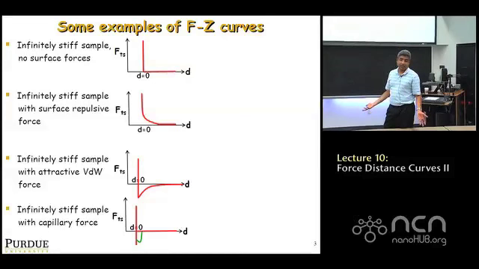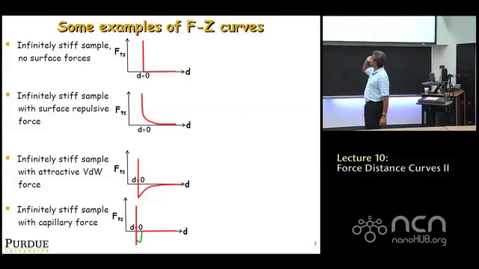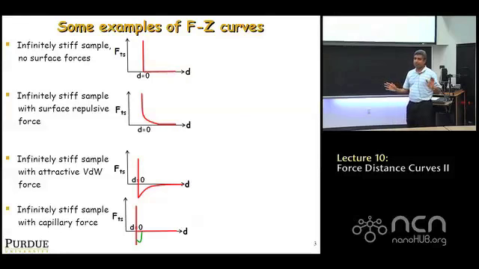If I assume the sample is like a spring and its stiffness is infinity, it means it doesn't indent. You cannot get negative D. It's infinitely stiff, so there's no indentation possible. So that would be the FD curve for a hypothetically infinitely stiff sample without any interaction forces, which means that even when D is greater than 0, there's no interaction.